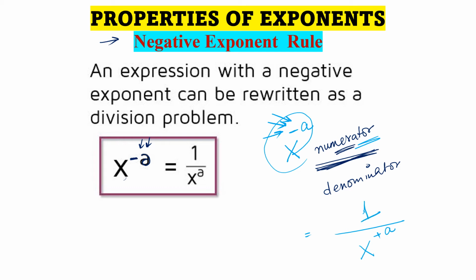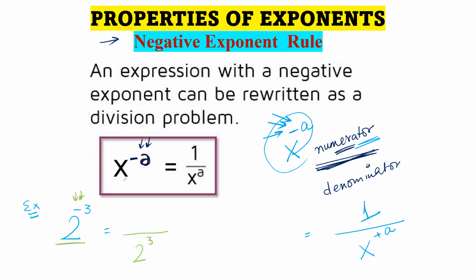Okay, let's try to understand it by an example. So if I write 2 power negative 3. Okay, how do you do it? You make a line like this. Bring the 2 power negative 3 down because it is right now on the top. You replace and bring it down. Then negative 3 changes into positive 3.